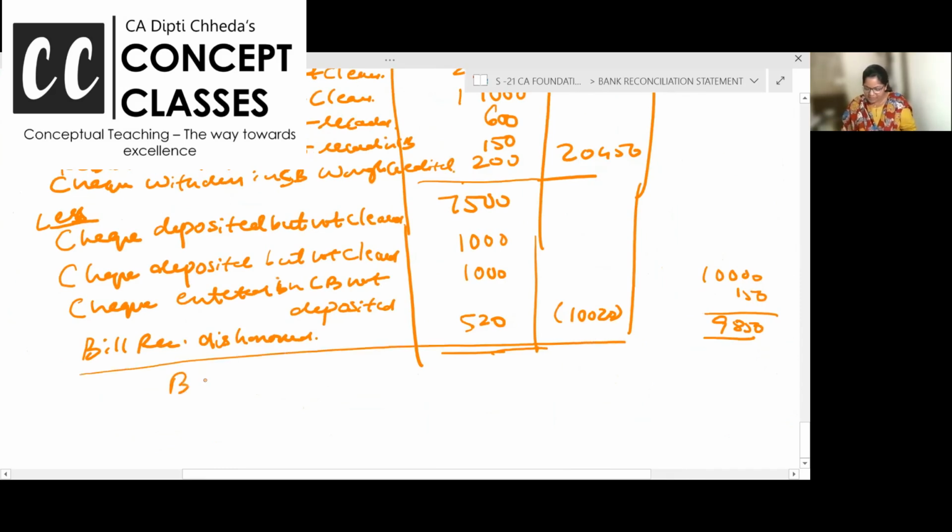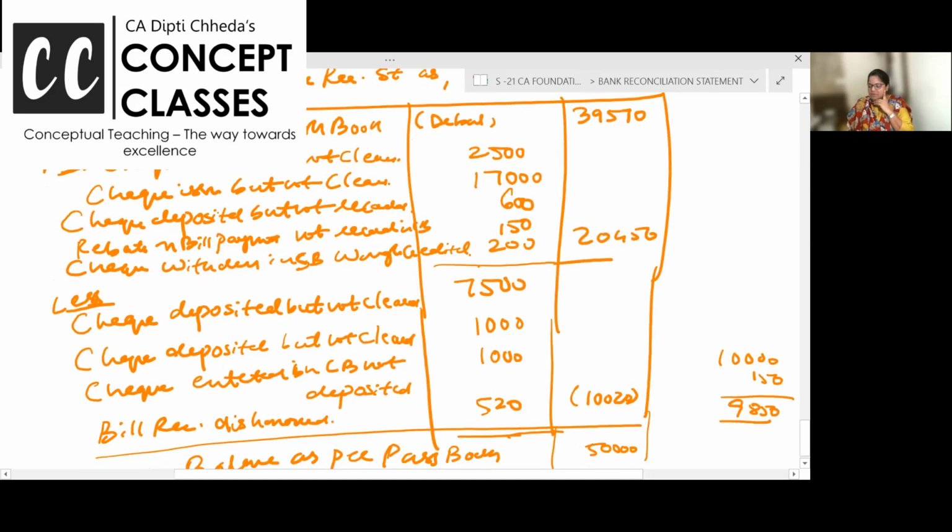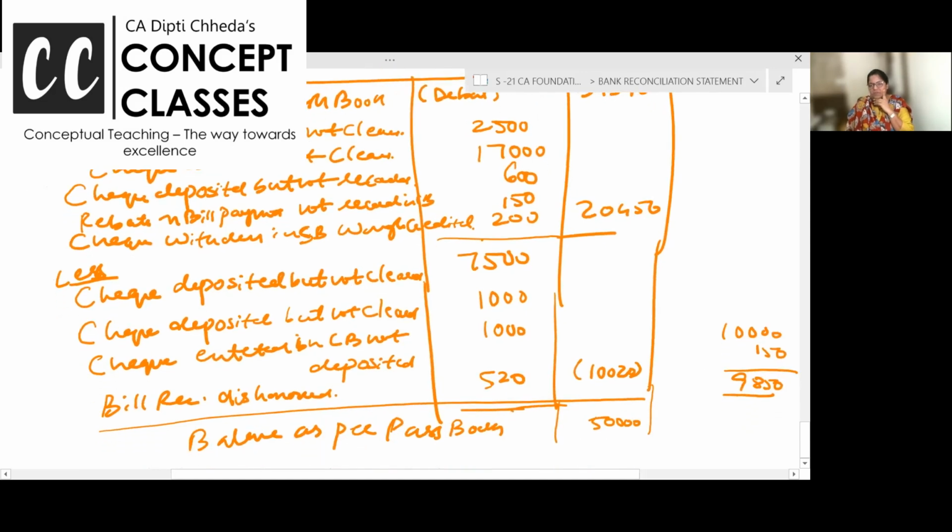Balance answer will come as balance as per passbook is 50,000. Balance as per cash book is debit. Do add and less. Balance as per passbook.